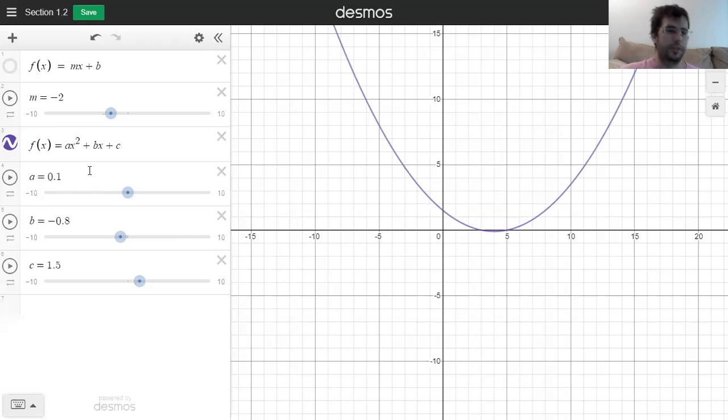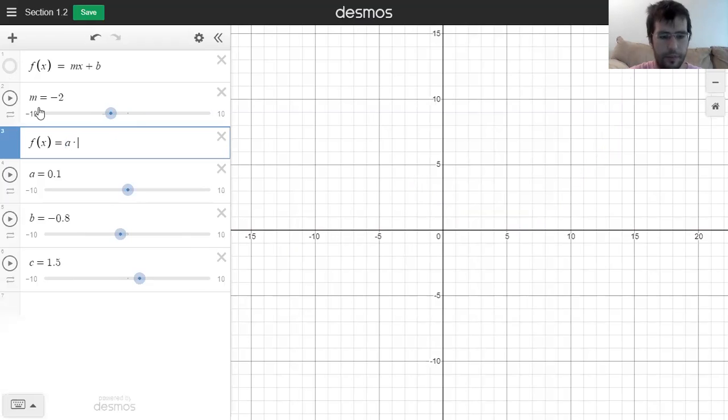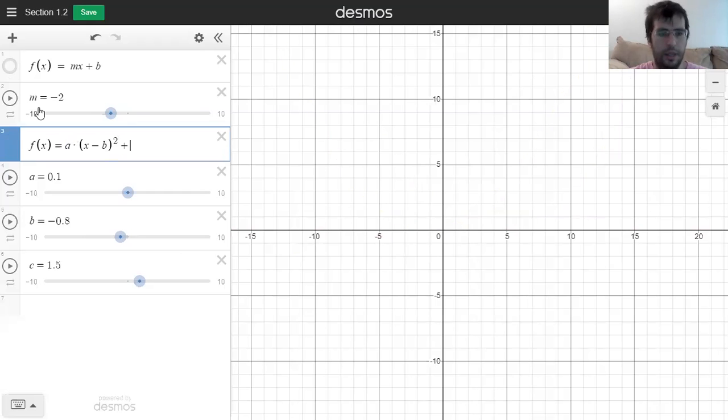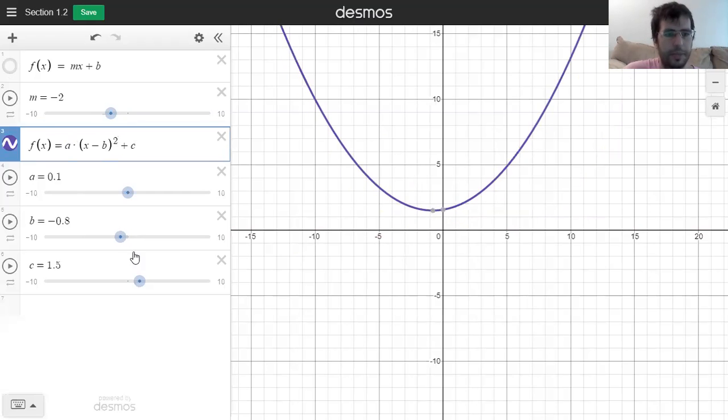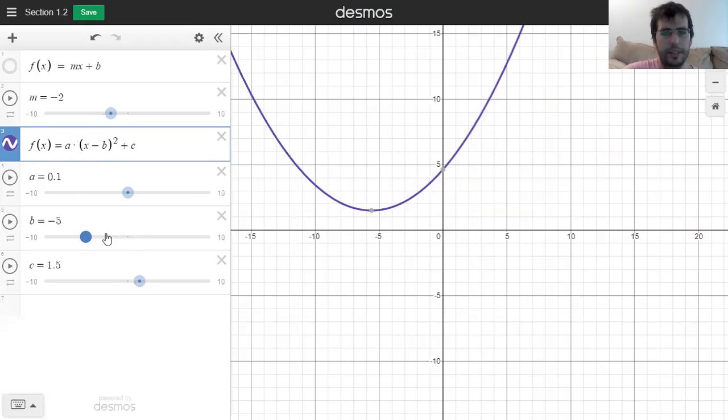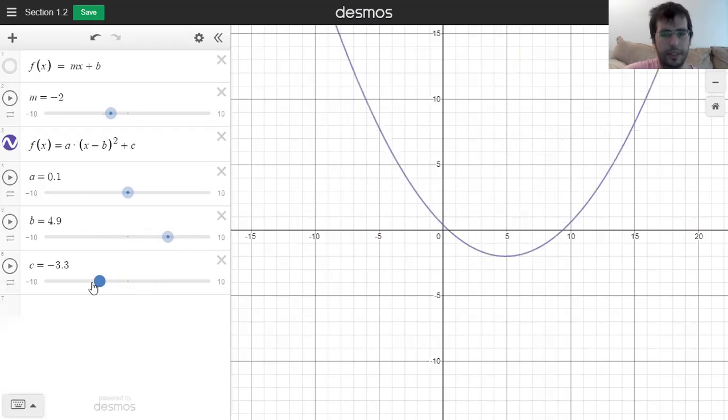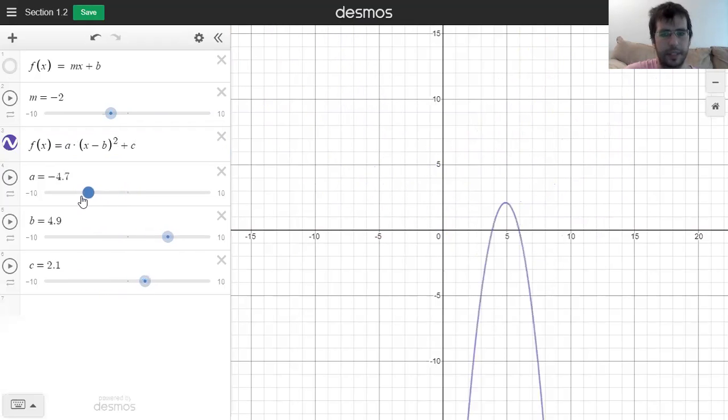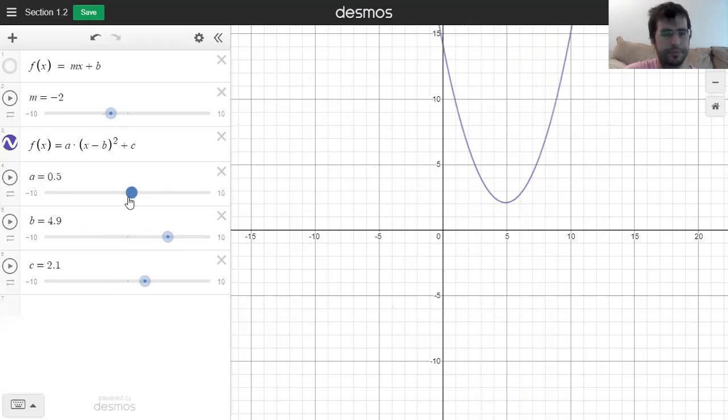Maybe you can write the equation differently. For example, if we write it like this, it's basically the same thing, just the letters. If you remember at some point in your life completing the square, if I go like this, then B moves the parabola horizontally, and C moves it vertically, and A changes the shape.